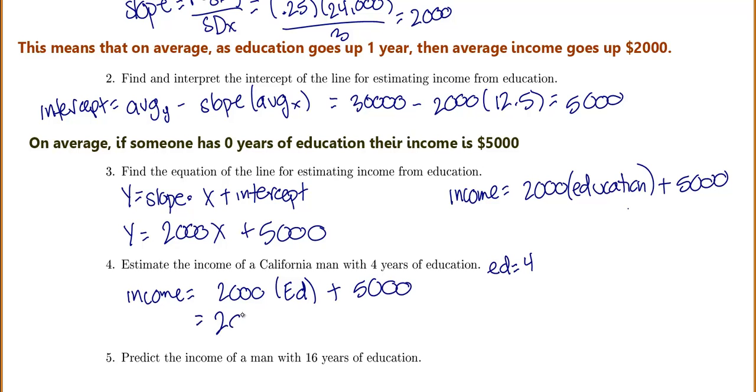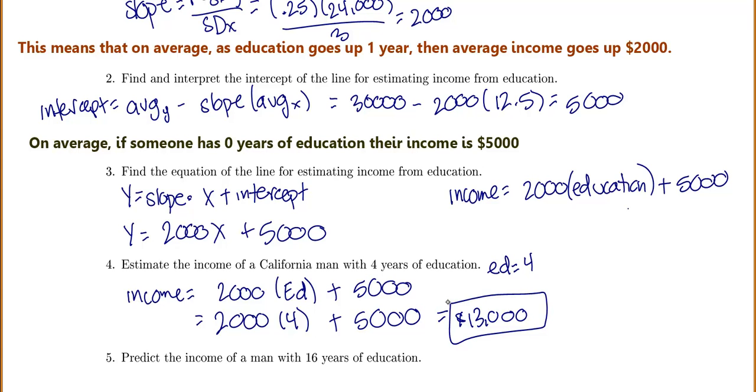I put in 4 where I see education. So 2,000 times 4 plus 5,000 gives me 13,000. So, on average, people in California with 4 years of education make about $13,000.